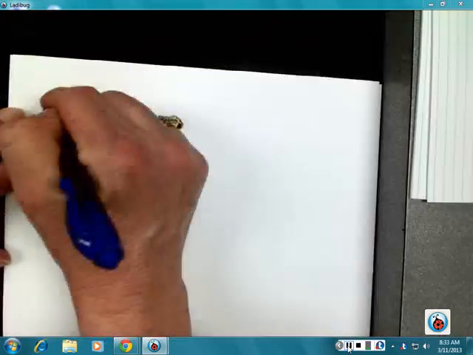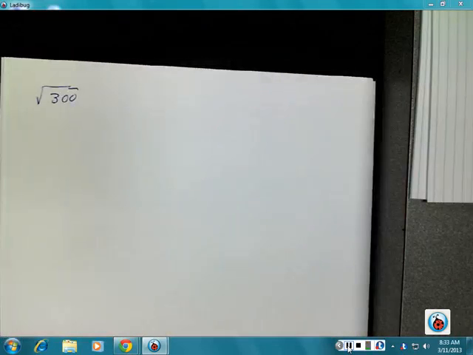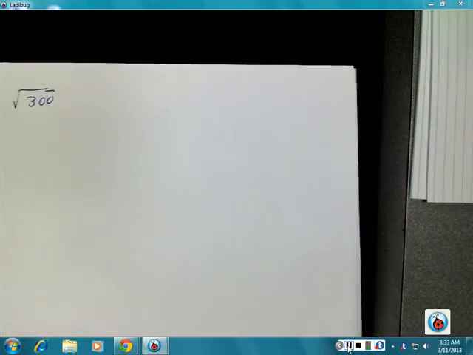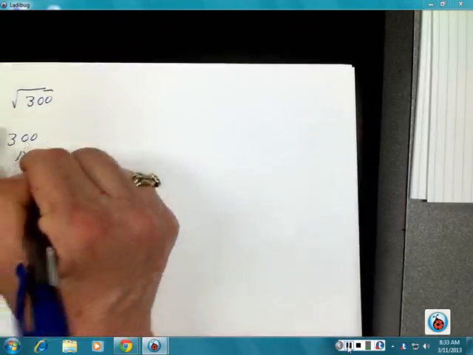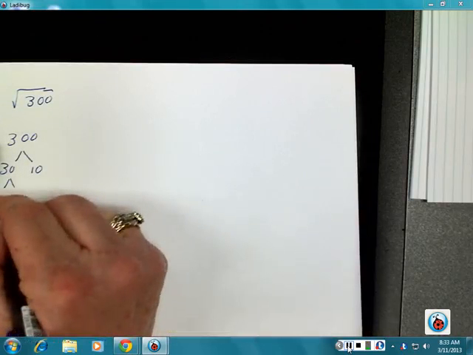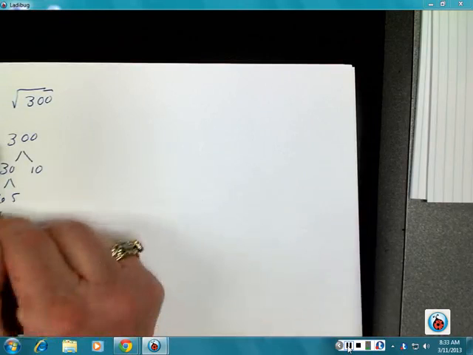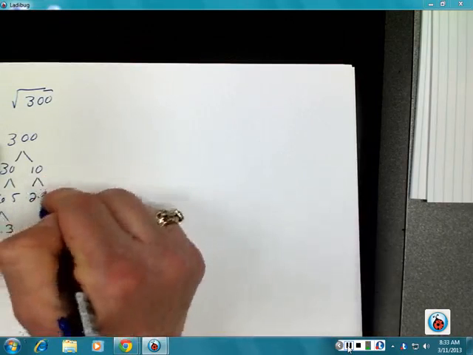So, how about the square root of 300? What would it be if I broke it all apart and pulled out different things? If I take 300, break it into 30 and 10, 30 breaks down to 6 times 5, 6 breaks down to 2 times 3, 10 breaks down to 2 times 5.